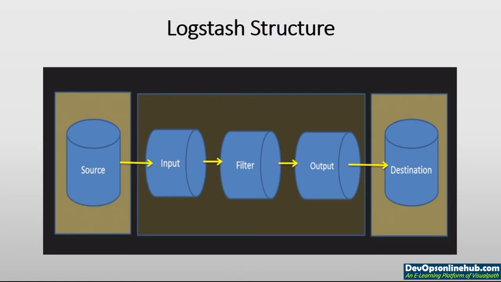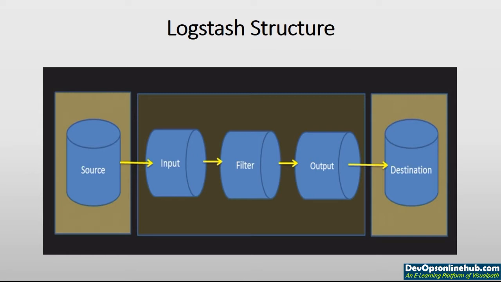The input stage generates the event, whereas the filter stage modifies the event and sends it to the output stage. The output stage then ships it to the destination. The input and the output stages are the required elements, whereas the filter element is an optional component.